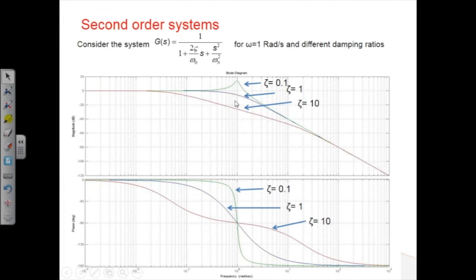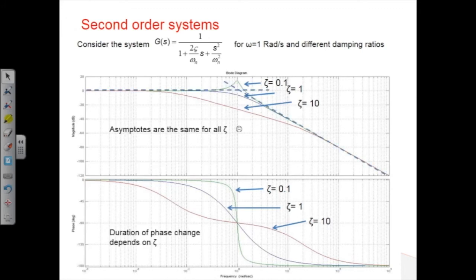Zeta equals 10 gives us the red one, and zeta 0.1, we get this resonant peak on the data. When we apply the straight line asymptotes, they're the same for all of those values. That's why if all we've got is the straight lines, we can't really tell what zeta is.